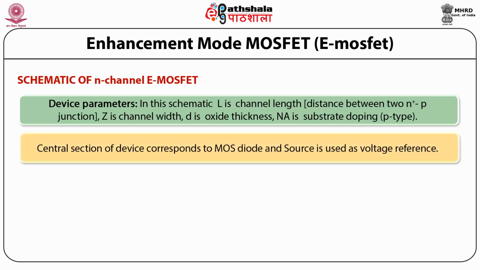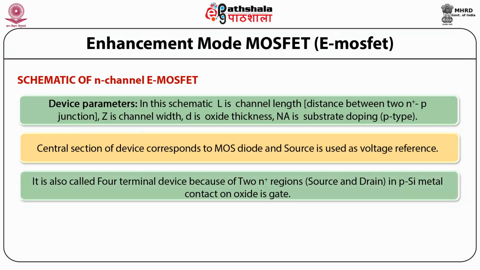The central section of the device corresponds to the MOS diode, and the source is used as the voltage reference. It is also called a 4-terminal device because of the two N+ regions, source and drain. In p-type silicon, the metal contact on the oxide is the gate.